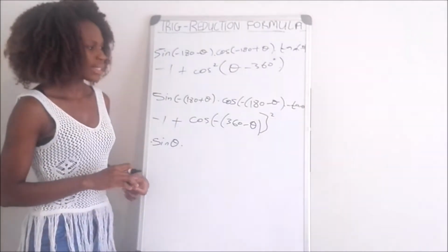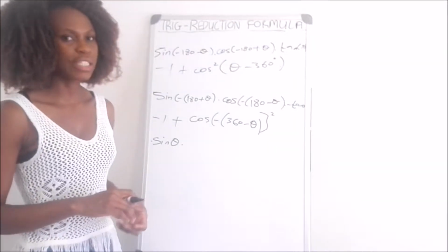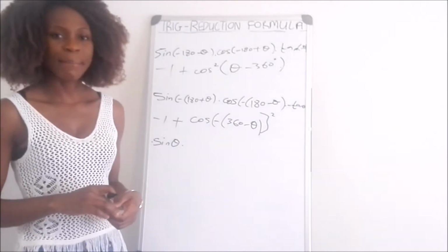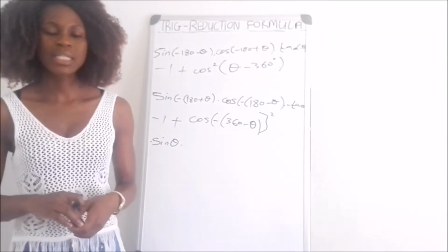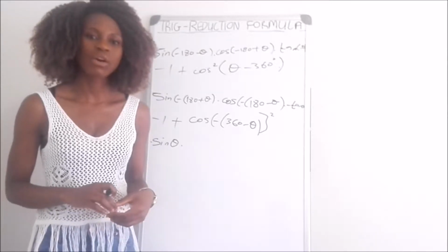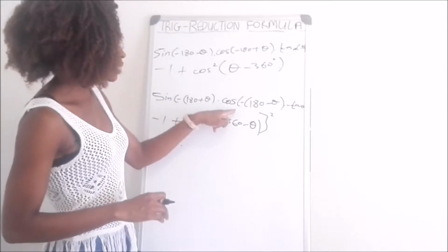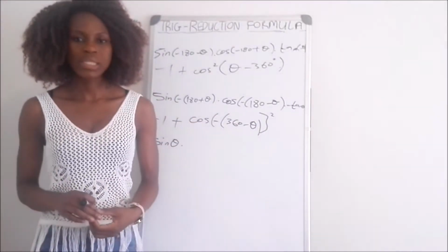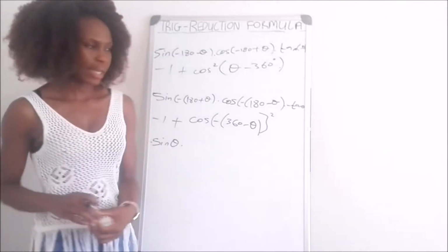In the second quadrant only sine is positive, but then we have a common factor of a negative, and remember that a negative angle is positive only in the fourth quadrant, where we only find cos. That means we have positive cos, and then 180 minus theta, which is negative because it's in the second quadrant.